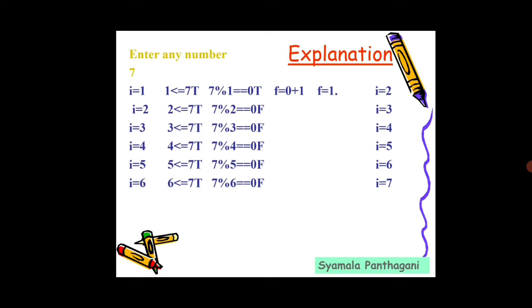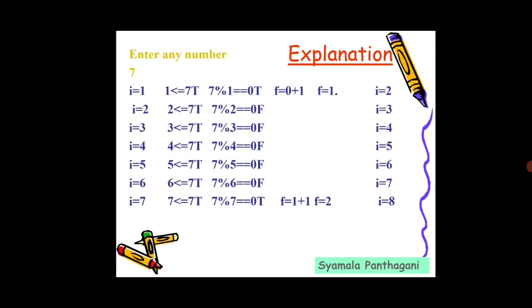i is equal to 6. 6 is less than or equal to 7. That is also true. And 7 mod 6 is equal to 0. This condition is also false. That's why the compiler doesn't increase the value of f and goes to the next iteration with the new value of i equal to 7. 7 is less than or equal to 7.